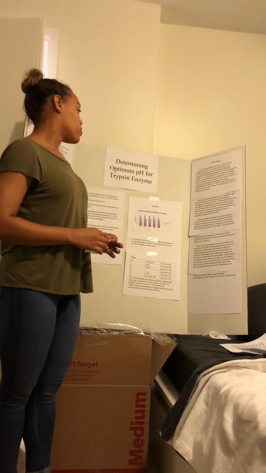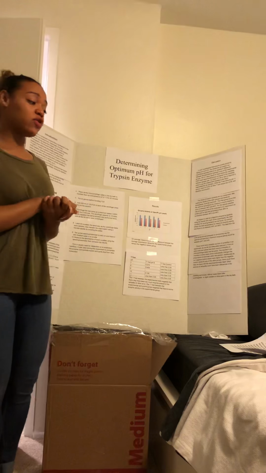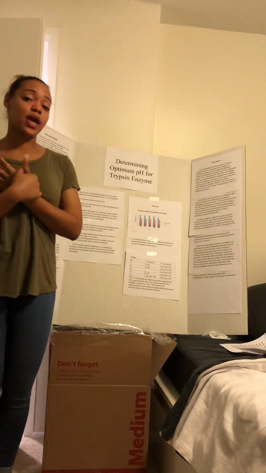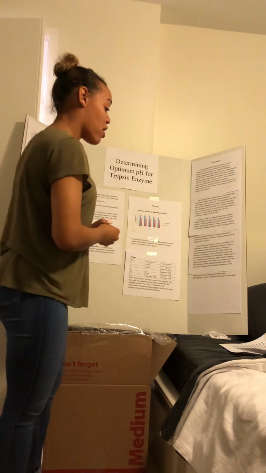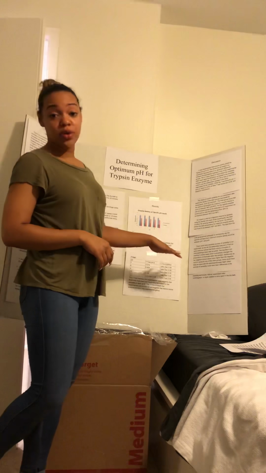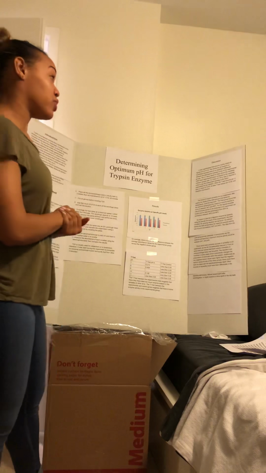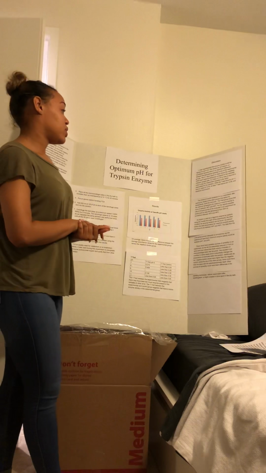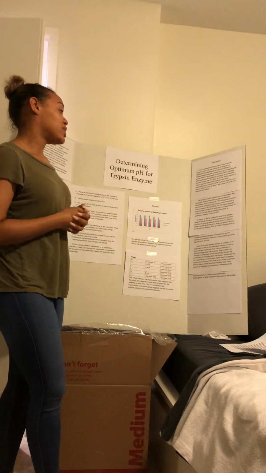Also, with our negative control, one of our negative controls was room temperature. We decided that it was going to be 37 degrees Celsius. However, we could have adjusted that based on the other group. They tested the temperature optimum for trypsin, and they found that the optimum range was between 48 and 68 degrees Celsius.